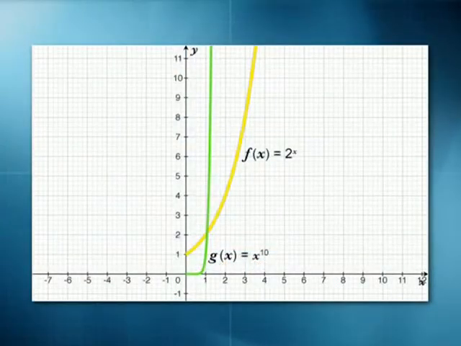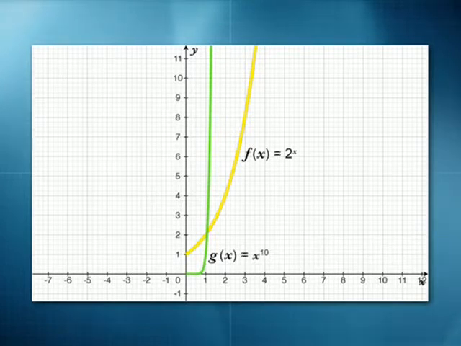Here is a graph of x to the 10th, it's in green, and 2 to the x, it's in yellow. And I've graphed it on the interval from 0 to about 10 or 11. And I think you see that the green curve is on top of the yellow curve. In other words, x to the 10th seems to be bigger than 2 to the x.